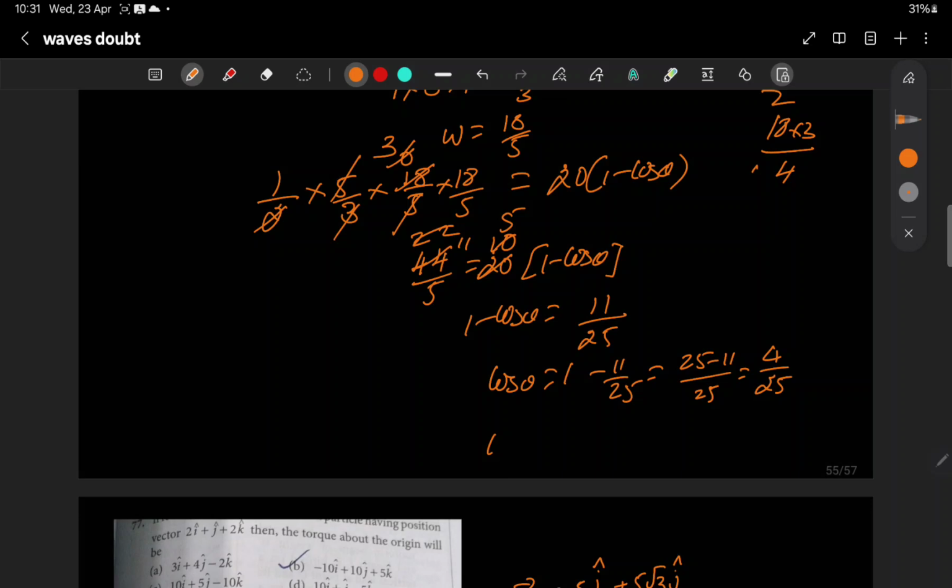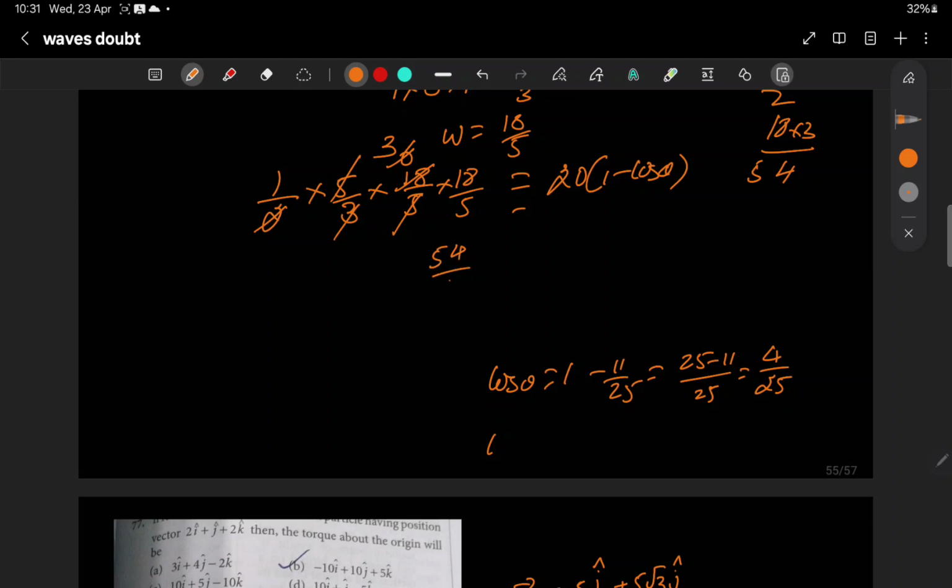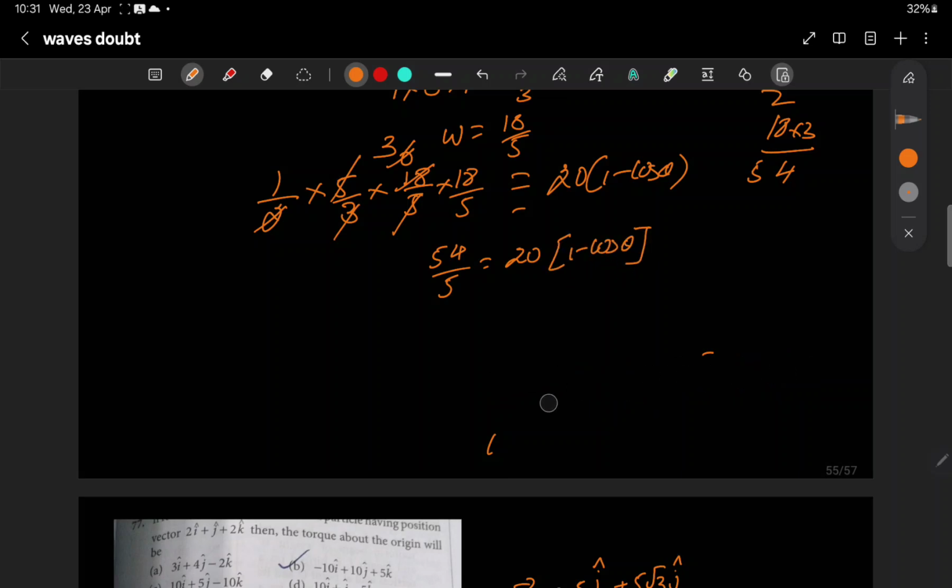18 into 3 is 54. So if that is 54, we have to change from here. So it is actually 54 by 5, which is equal to 20 into 1 minus cos theta. So if we redo this, we will get 1 minus cos theta equal to 54 by 20 into 5.